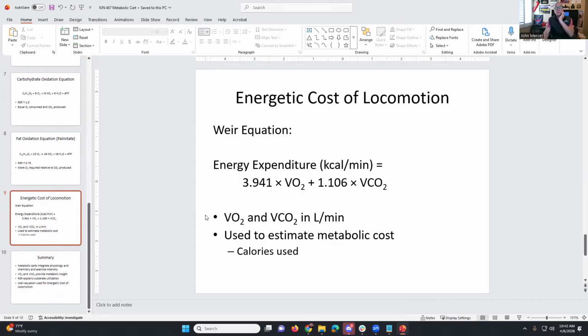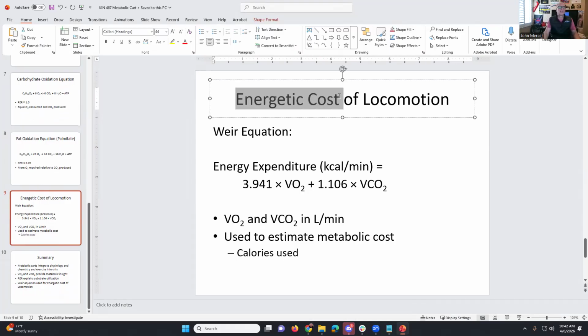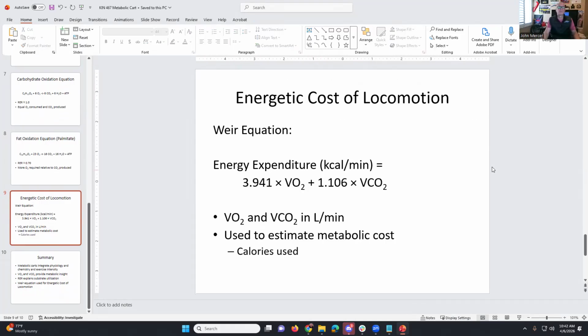We also use the metabolic cart information to calculate the energetic cost of locomotion. This is something I've covered in different lectures in physiology of endurance performance. And we use the Weir equation for that. And this is the equation here. It calculates energy expenditure in kcals per minute.